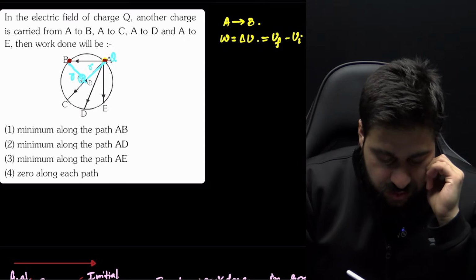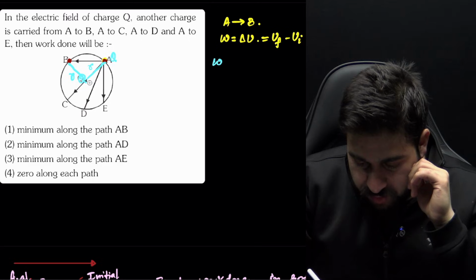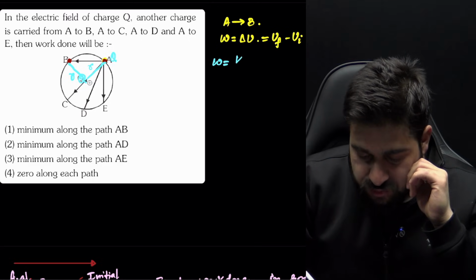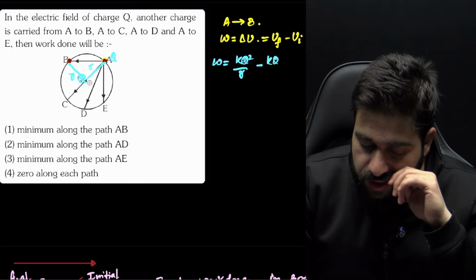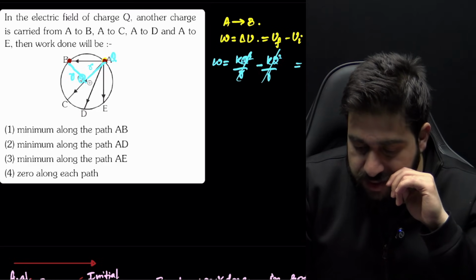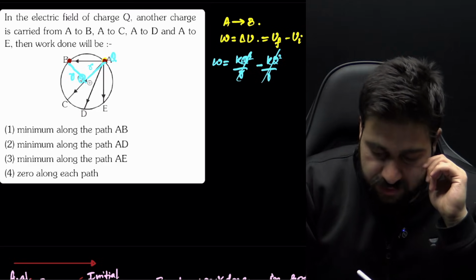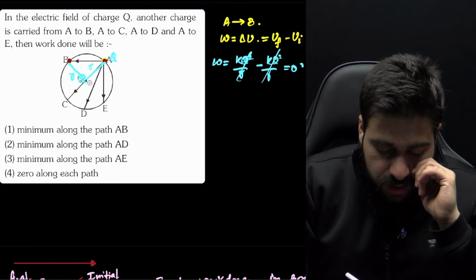Final minus initial. Work done will be final potential, that is K Q square by R, minus initial, K Q square by R. This and this will cancel. So work done in this particular case will be 0 along AB.